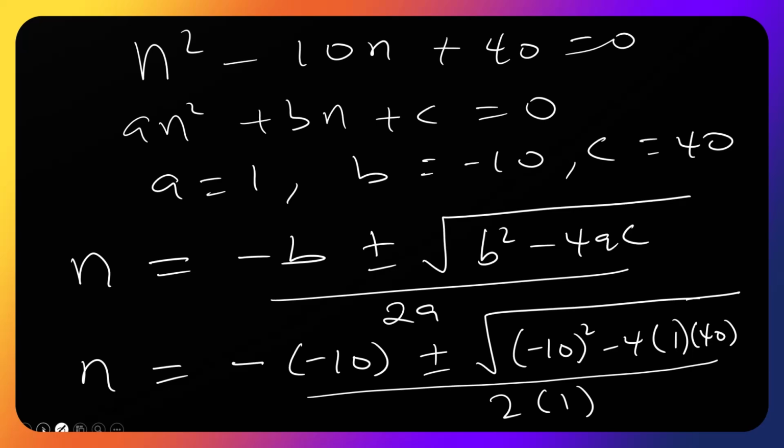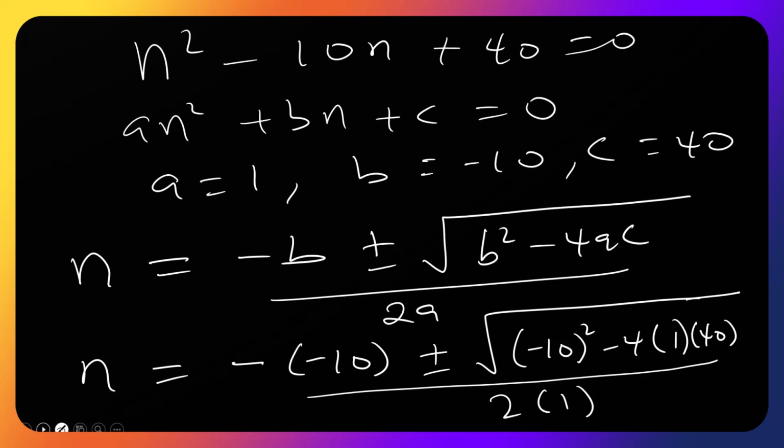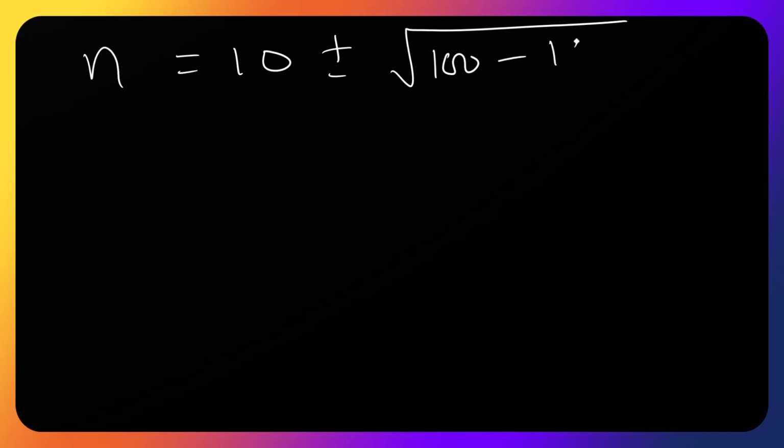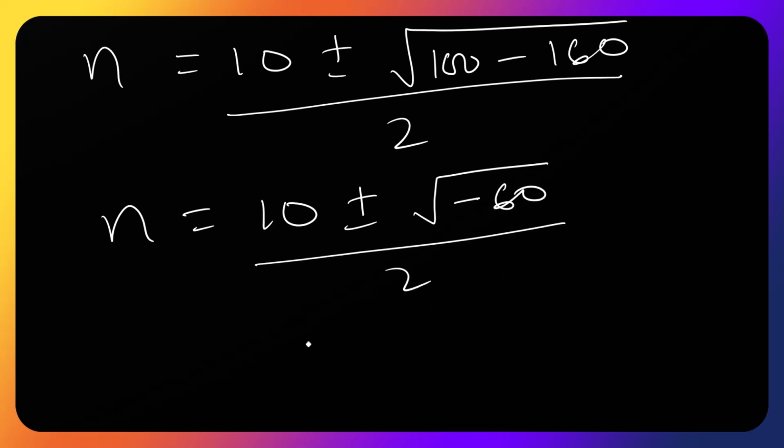So my N will be 10 plus or minus the square root of 100 minus 160, which is minus 60, on 2.